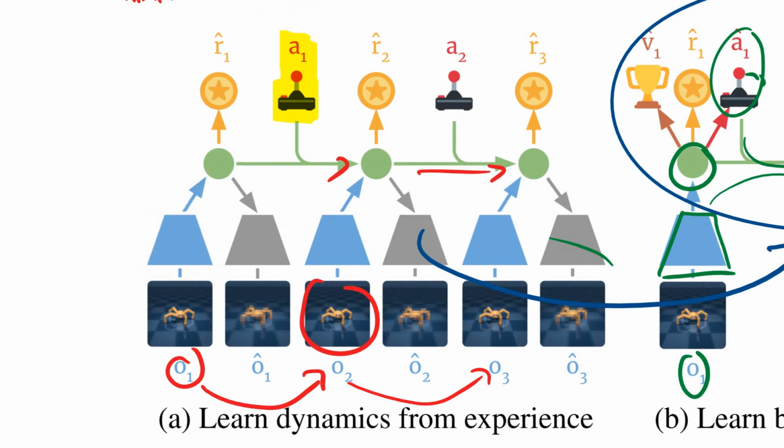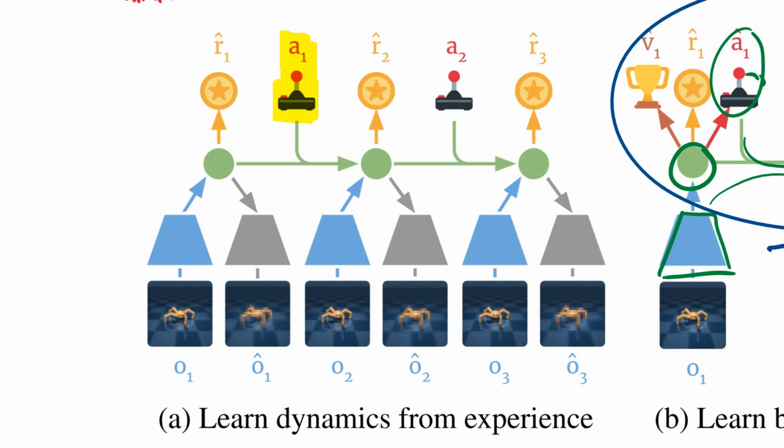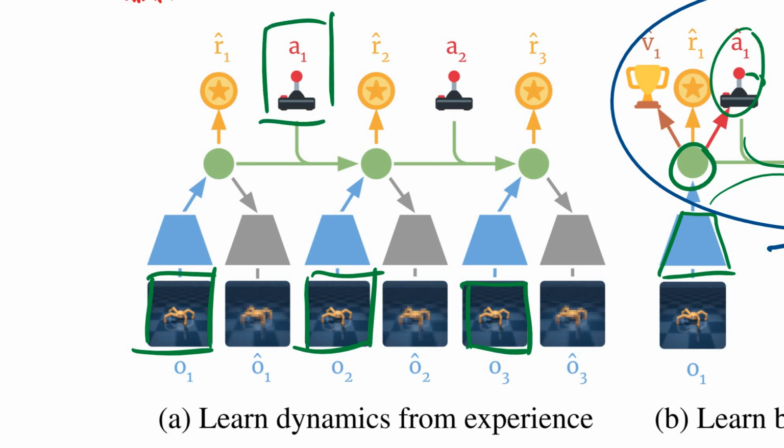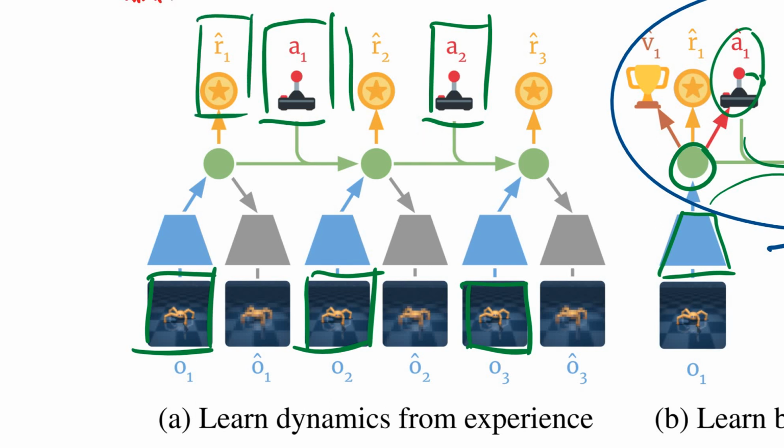So let me scratch all of this. What do you have given? Given is the observation sequence and the actions you took, right? And the rewards you got. That's also given. So each action gives you a reward, right?